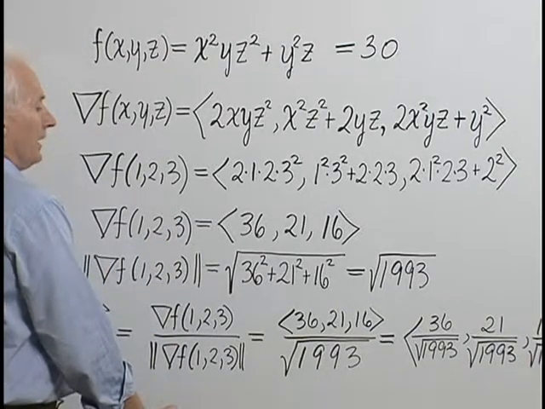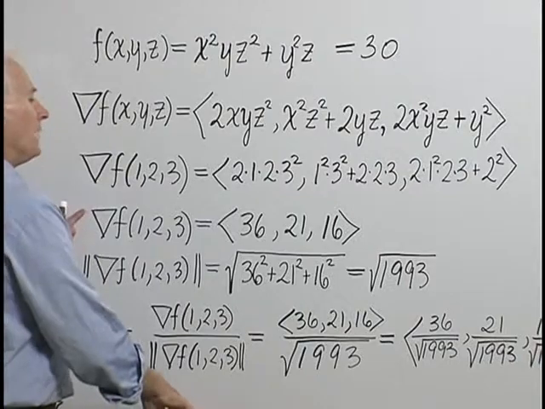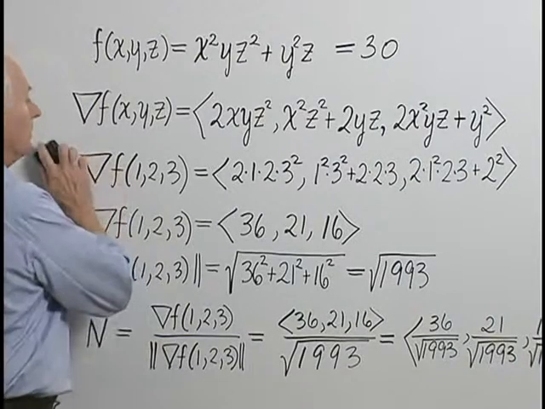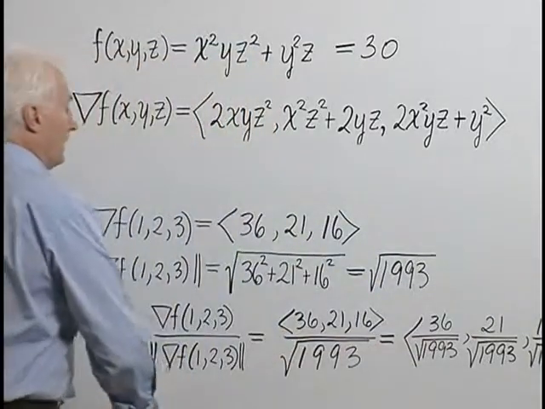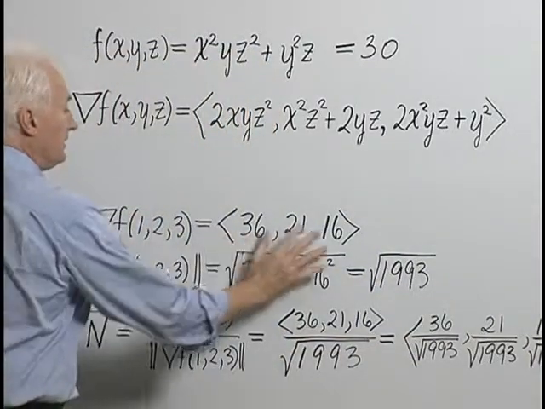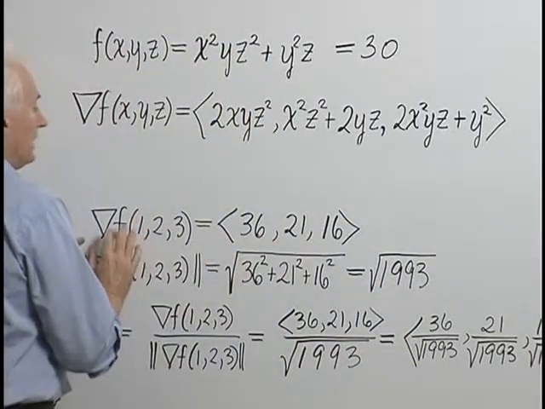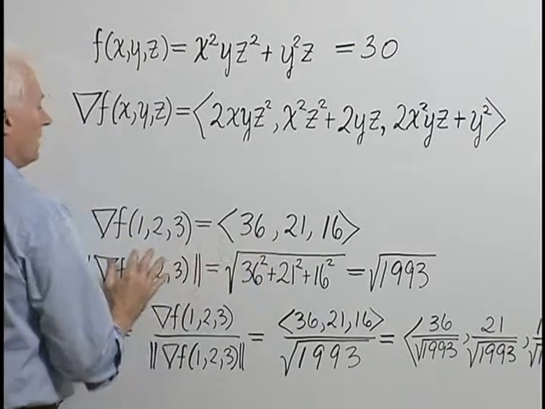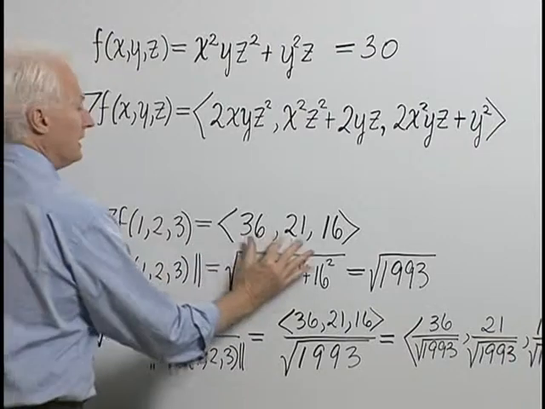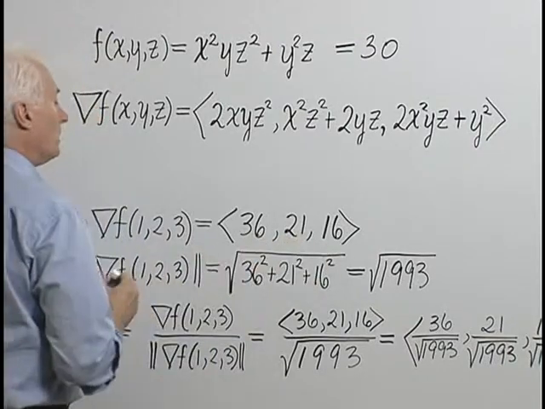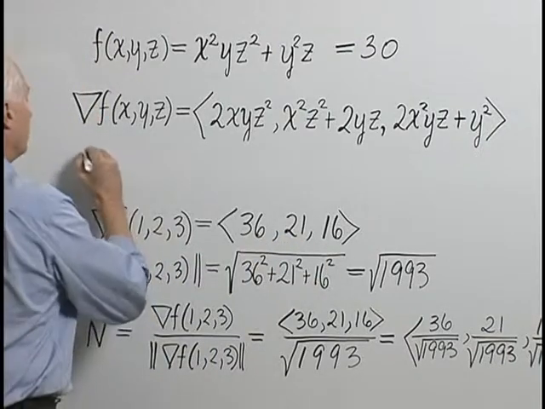And so consequently, if I want to write down the equation of the tangent plane, it just depends on this statement itself. If I had arrived at that result, I can immediately write down the equation of the tangent plane because the components of the normal vector become the coefficients.